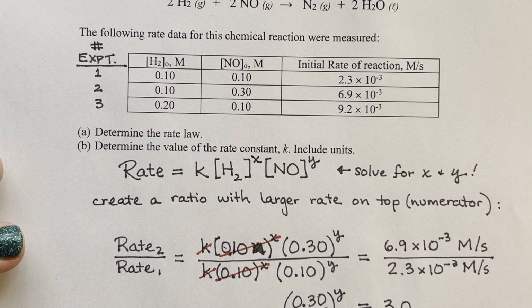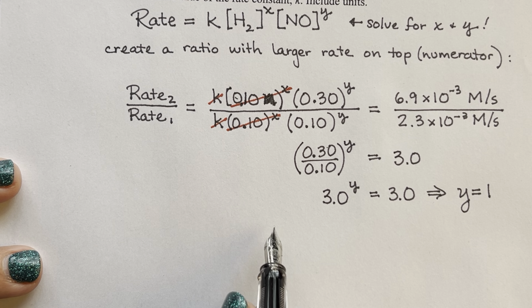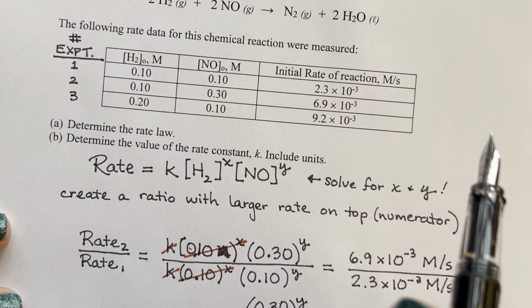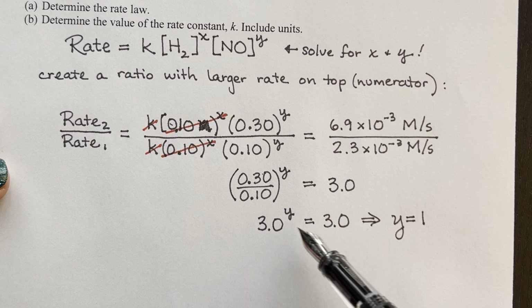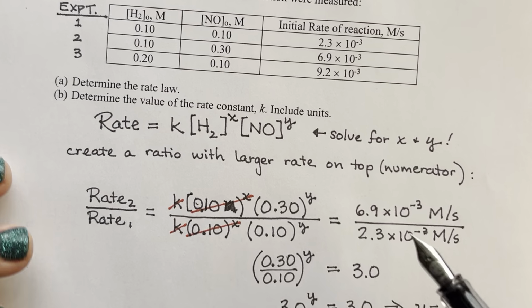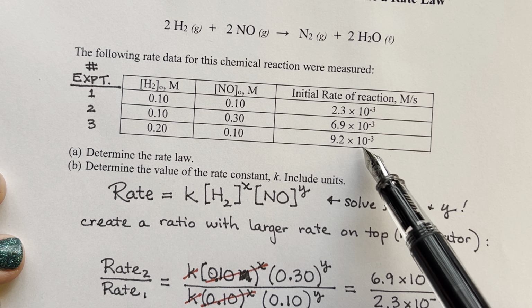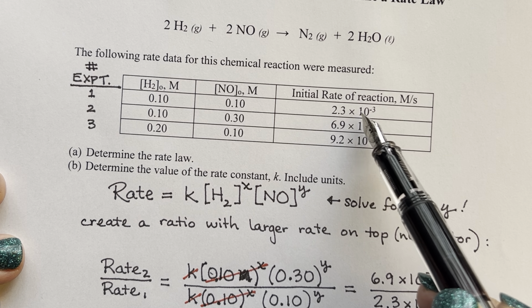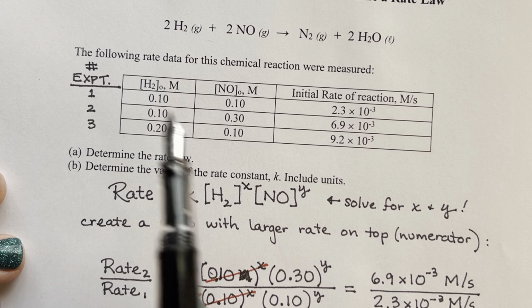I always put the larger value on top. Otherwise, I'd get a fraction, and this would be a lot harder to figure out. So 9.2 times 10 to the minus 3 is bigger than 2.3 times 10 to the minus 3, so I'm going to compare experiment 3 to 1.